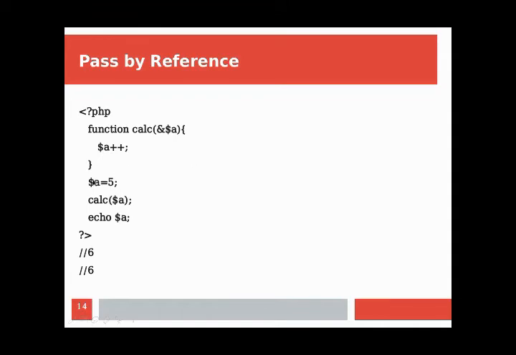Again cal $a, that means we call the function with that argument. While calling the function it will execute the statement in the function, which is $a plus plus, so a becomes 5 plus 1, which is 6. Hence when we call the function cal $a, 6 will be printed.